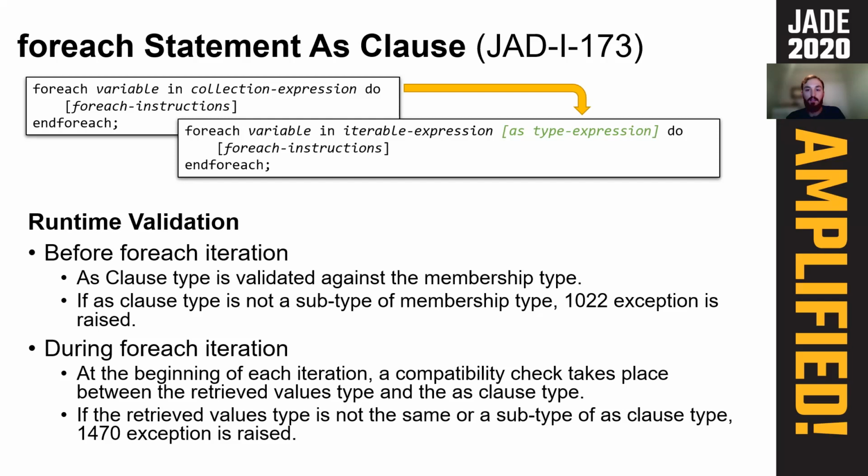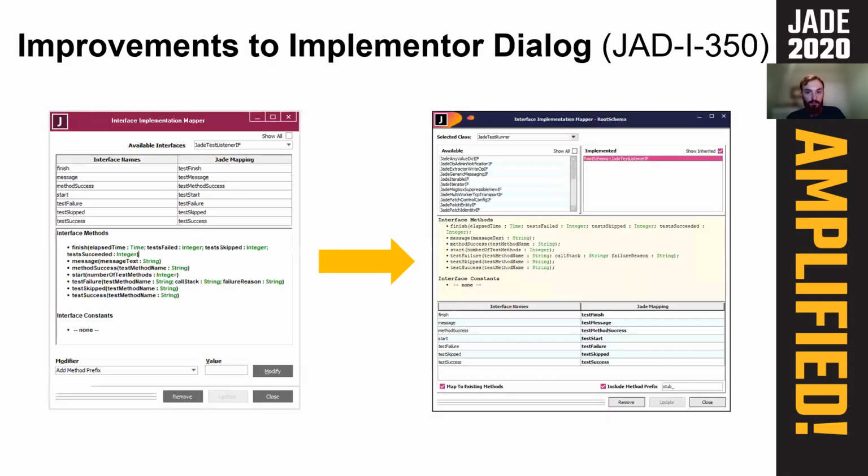In saying that, the body of the for each will be skipped and we'll retrieve the next object. And there are some optimizations here depending on the membership type of the collection. We don't always need to perform all these checks depending on what we're actually iterating.